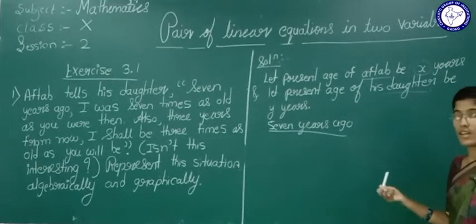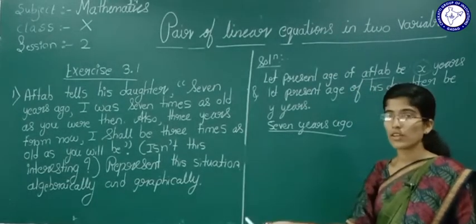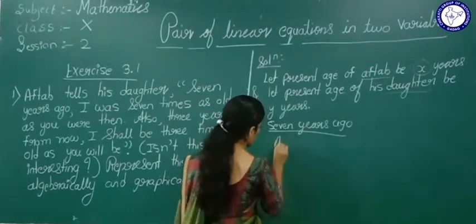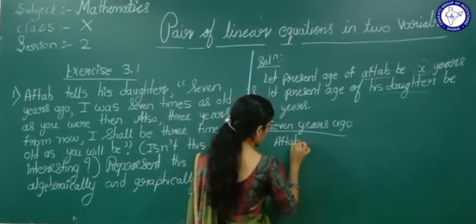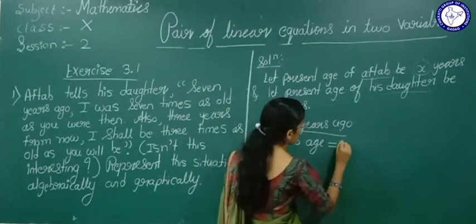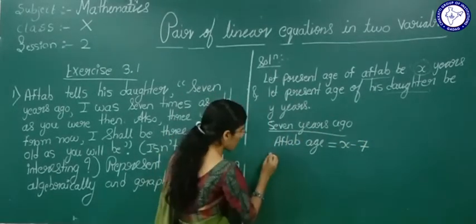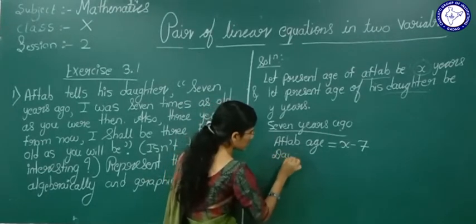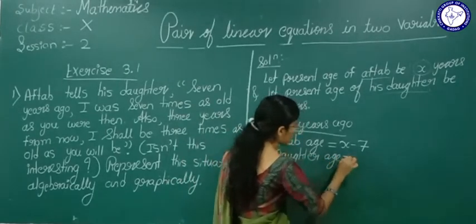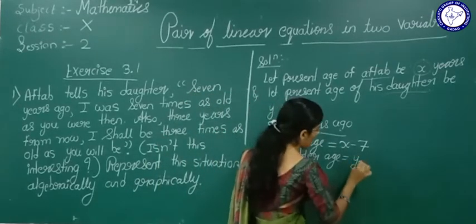What is the age of Aftaf 7 years ago? x minus 7. And the daughter's age 7 years ago: the present age of daughter is y, so 7 years ago it is y minus 7.